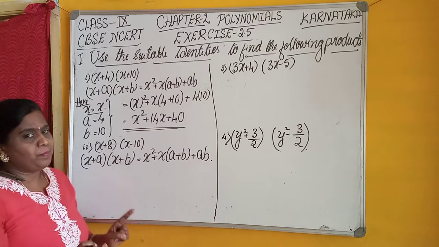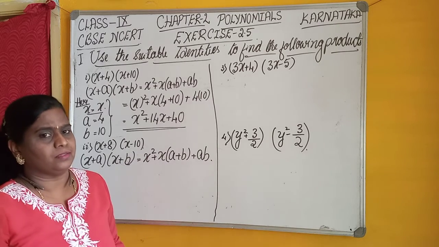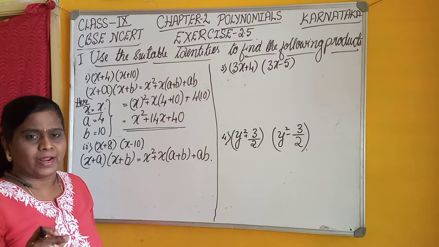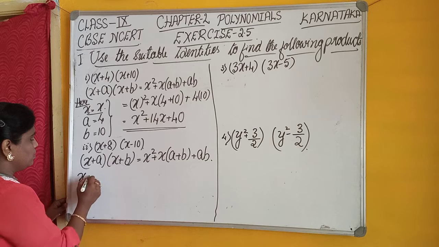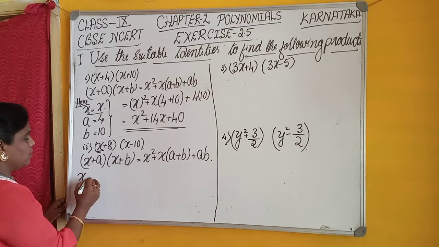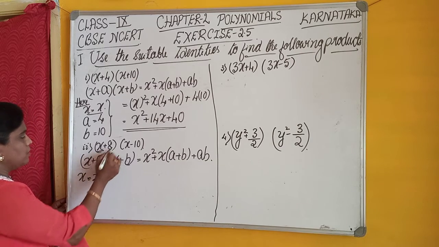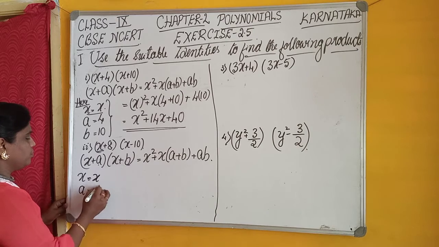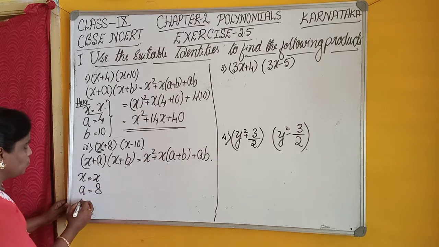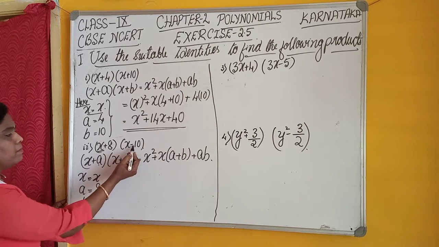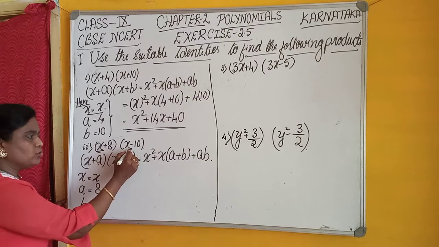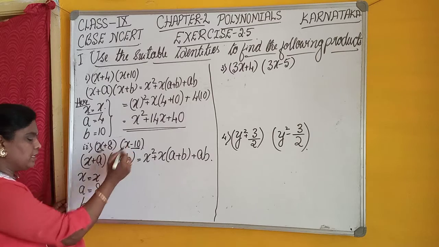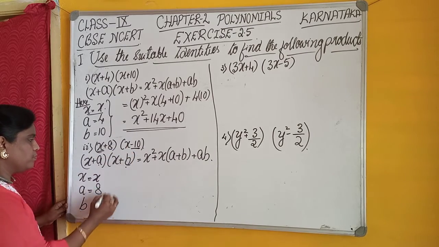You should remember all the identities, so you should practice. Here x is equal to x only, a is equal to 8, and b is equal to minus 10. Look at the signs also; you have to substitute b is equal to minus 10.